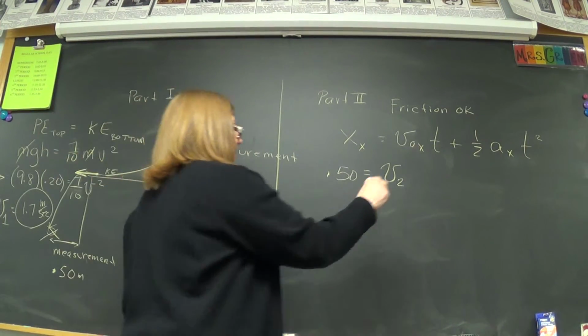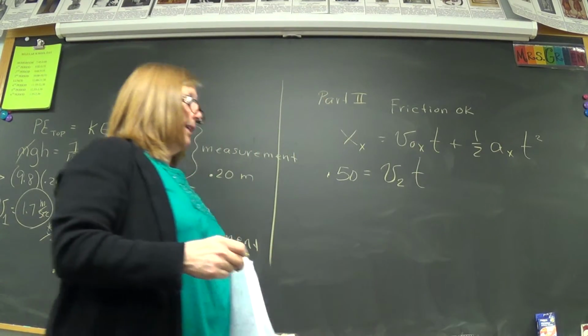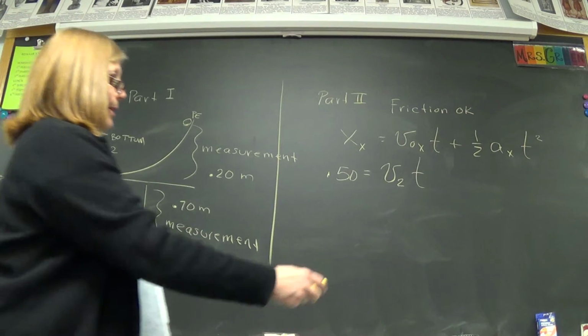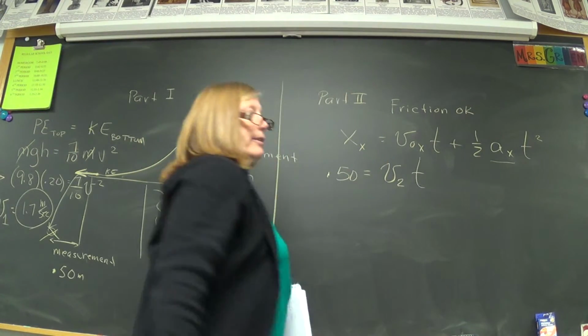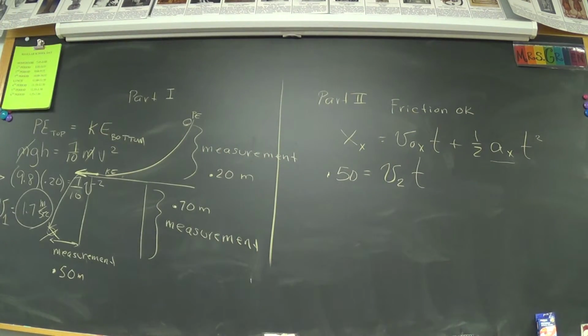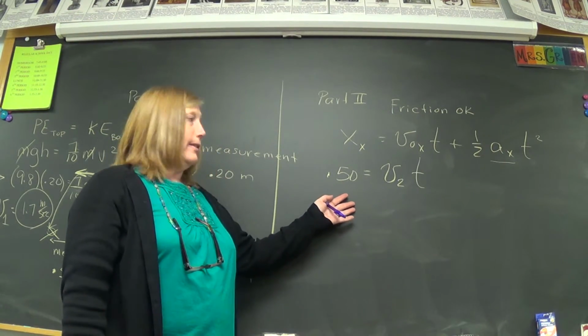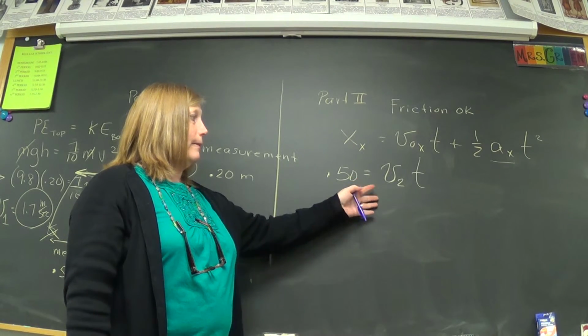We don't know time. What's the acceleration in the x direction on anything that's in parabolic motion? Zero. Right. So we're basically done all we can get with this x formula.